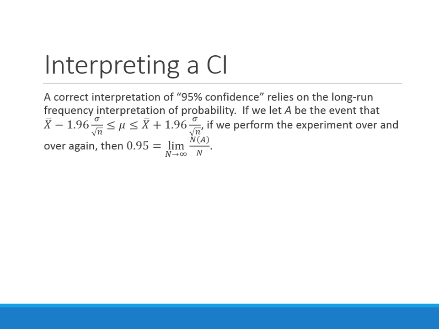If we let A be the event that the mean is between my confidence bounds, and then I do the experiment over and over, 10 times, 20, 30, 100, 1,000 times, then the correct interpretation of that 0.95 is that it's the limiting probability that I catch the true value of mu in between that interval.